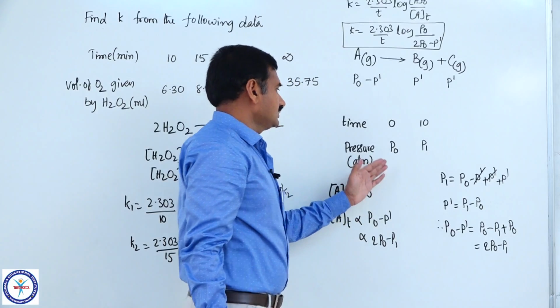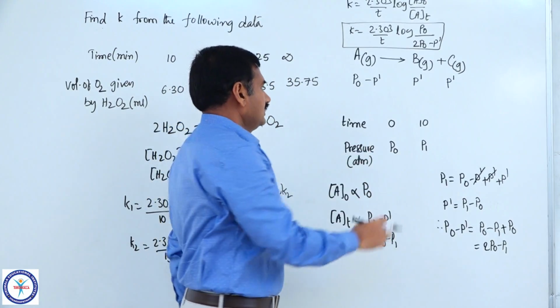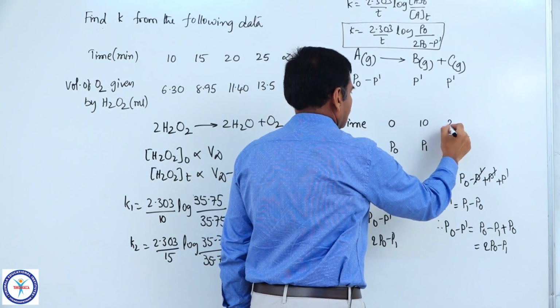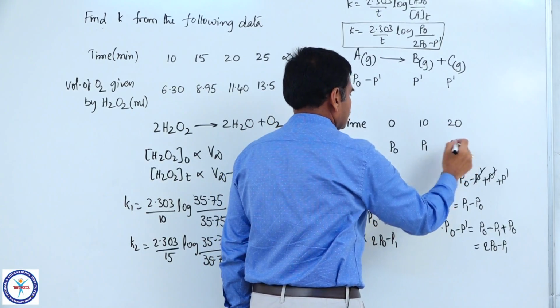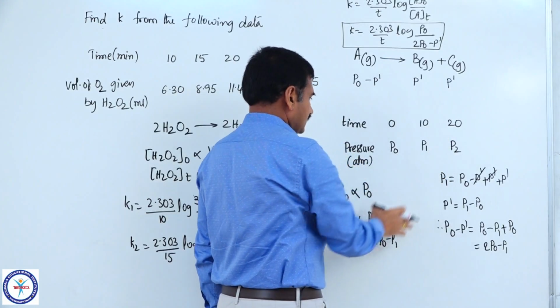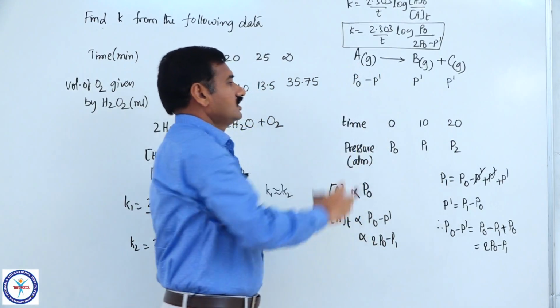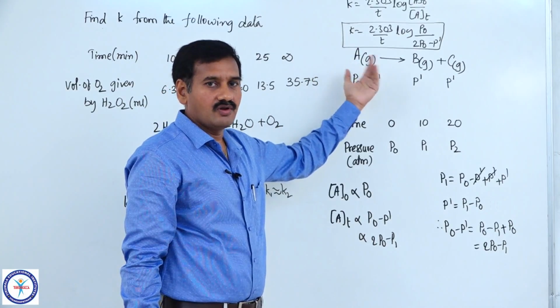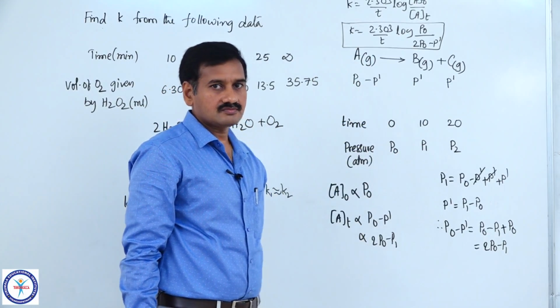At different times you have to substitute the P dash value. At time t equal to 10 minutes if P1 is the pressure, time t equal to 20 minutes if P2 is the pressure. At a 10-minute time and a 20-minute time, by substituting these values, if we get the same value of K, we have to say that the reaction is following first order kinetics.